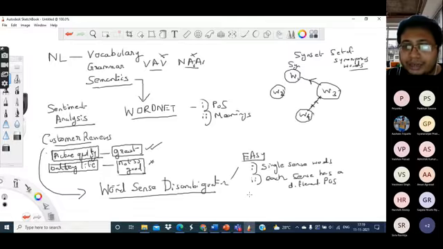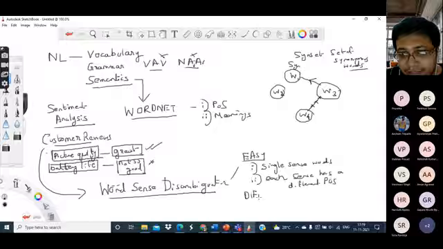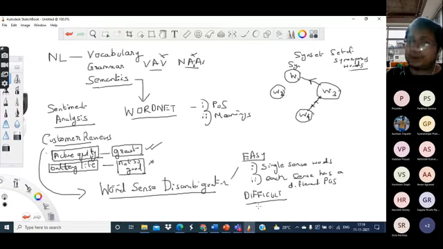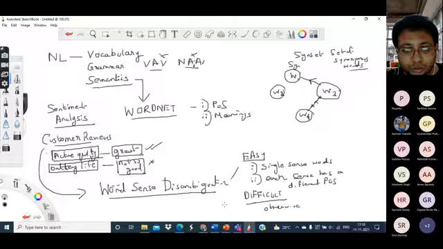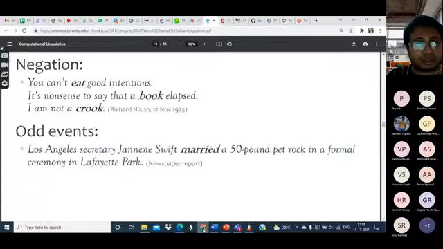But if neither of these is true, that is to say, if there is a word which has multiple senses, and within the same POS also there are multiple senses, then the task becomes non-trivial. It's not necessarily difficult, but it's not so easy. We need more algorithms for that.